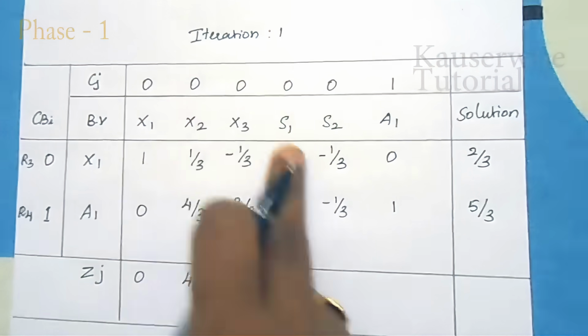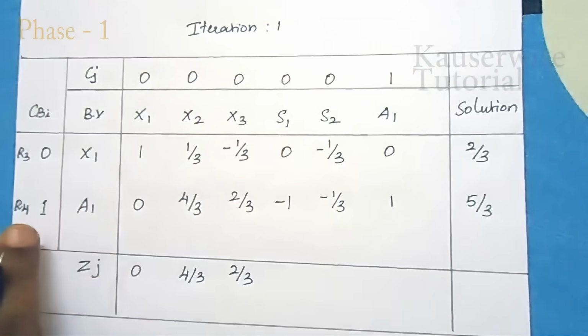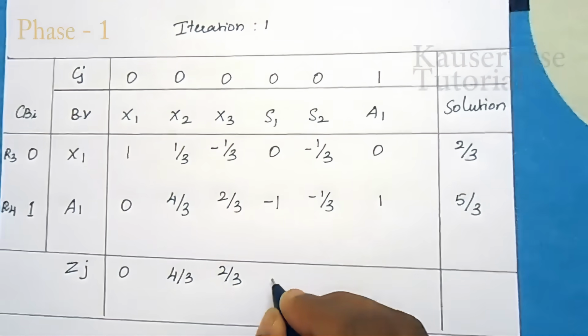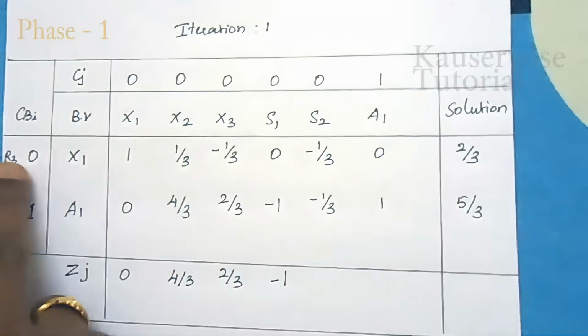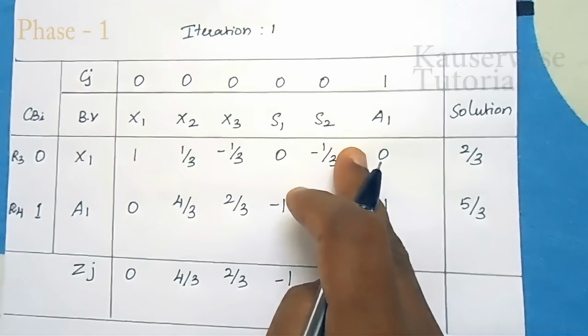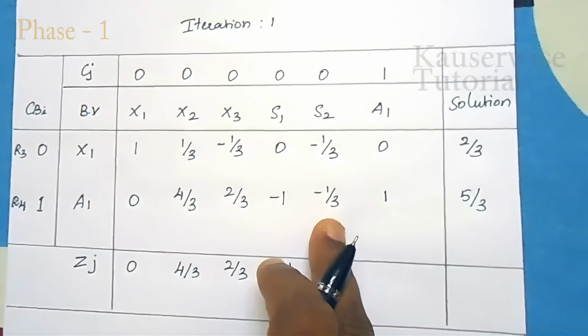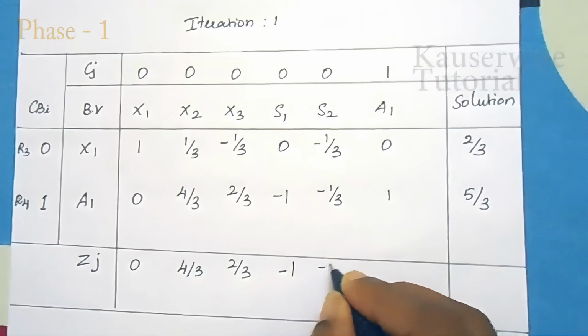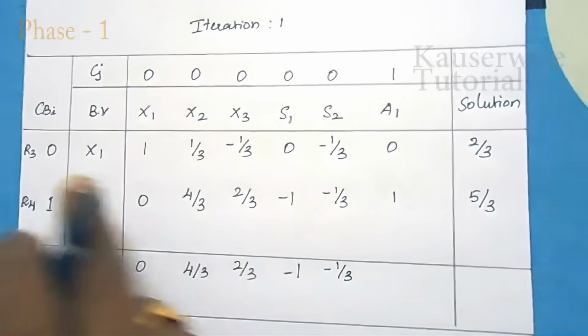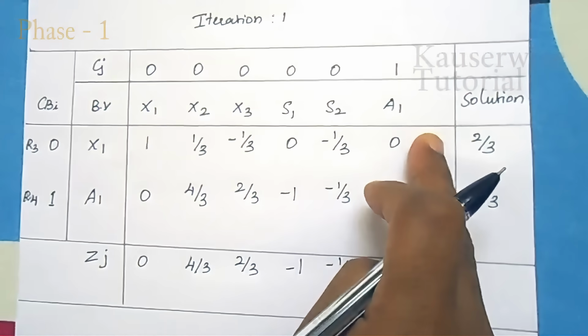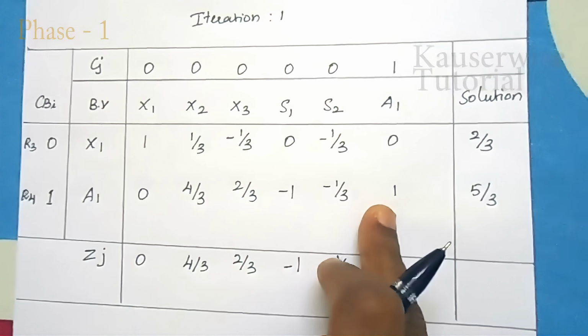Next value, 0 into 0 is 0, plus 1 into minus 1, minus 1. Next one, 0 into minus 1 by 3 is 0, plus 1 into minus 1 by 3, minus 1 by 3. Next one, 0 into 0 is 0, plus 1 into 1, 1.